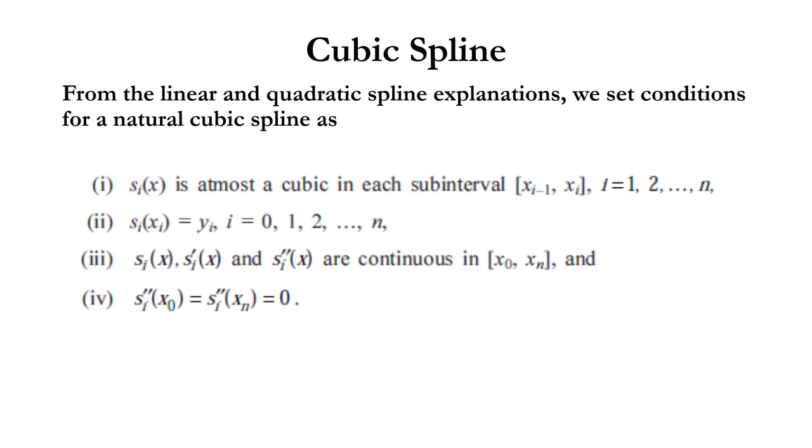Also, si of x, si prime of x, and si double prime of x are continuous in x0 to xn. And finally, the condition for the natural spline at the end: si double prime of x0 equal to si double prime of xn equal to 0.